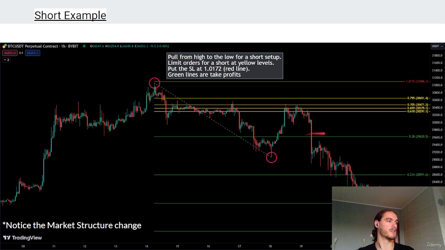Or you can stay in it and get the take profits all 4, depending on your risk management strategy.